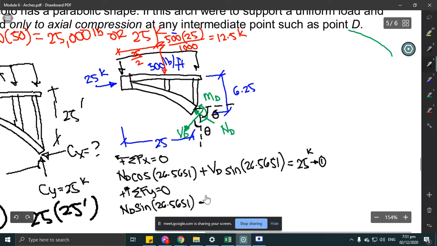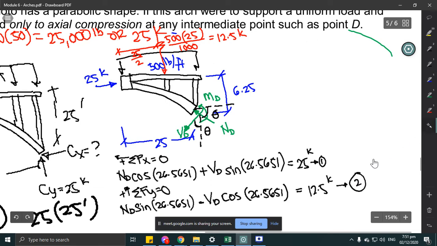So therefore minus shear D, cosine of 26.5651. And since ito, pababa nga lang din, so equals to 12.5 kips.